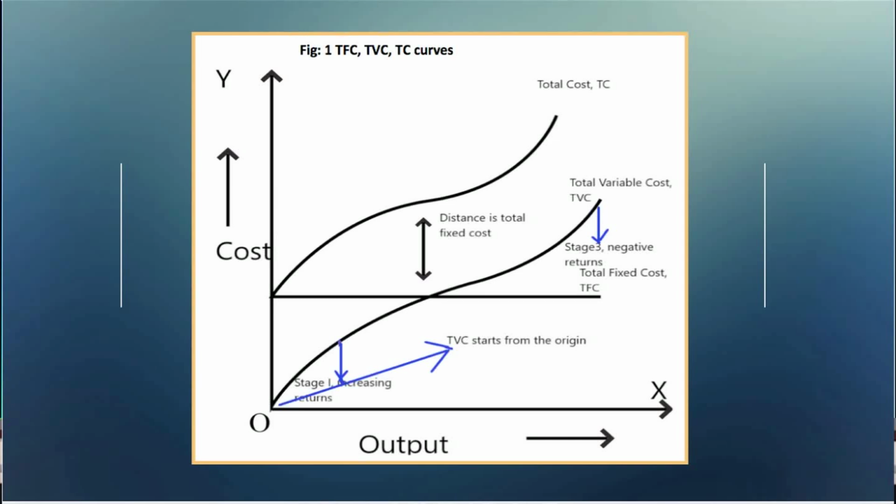There are some fixed minimum expenses, that is the fixed cost, that the firm spends. But the TVC curve starts from the origin, and initially it is concave downward, inverted S shape. It is upward sloping, increasing with increase in the output. It implies that when the output is increased, the variable cost increases.